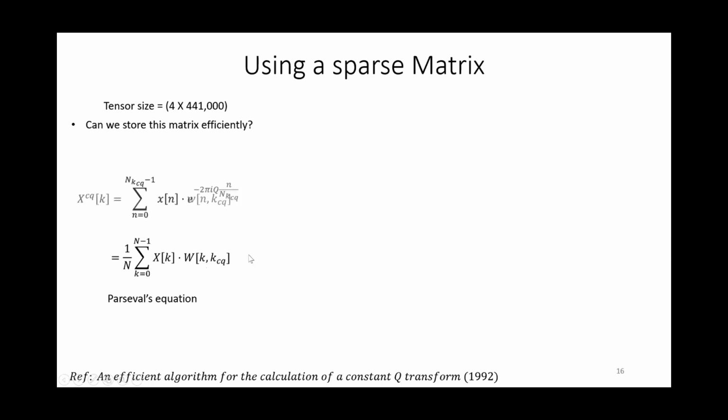If we plug in the CQT formulation here, it will become something like this. X to capital X is just STFT, and the time domain CQT kernel to the frequency domain CQT kernel is just FFT.